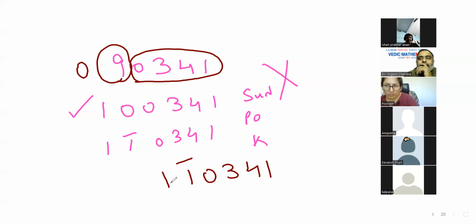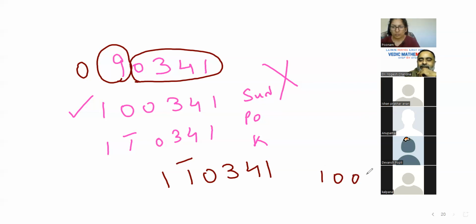Have you applied R1 anywhere? No, sir. Then how can you apply R2 first? Oh, okay, first is R1, then only R2 will come. Got it now. See, here also, this will give you 94341.